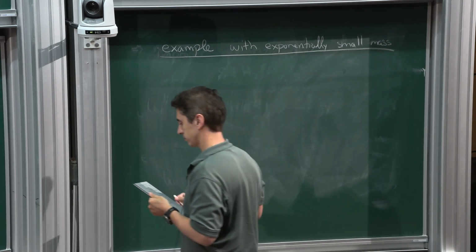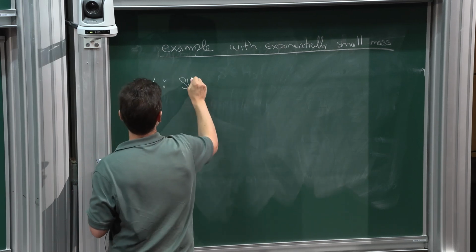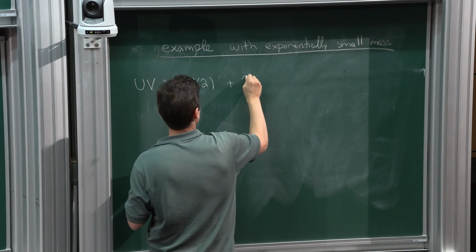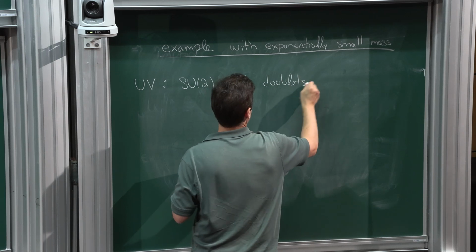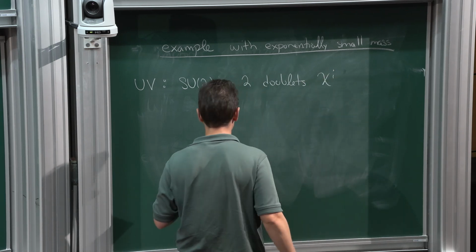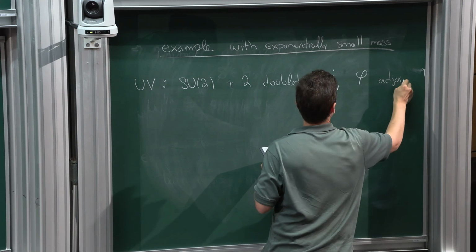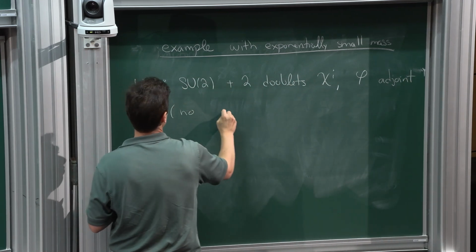Okay. So my UV is SU2 gauge theory plus 2 doublets chi I and phi an adjoint scalar. No one-form symmetry.